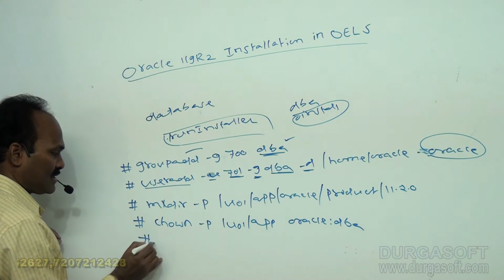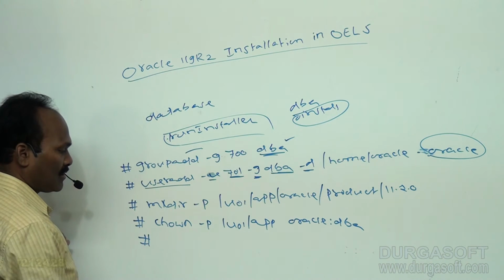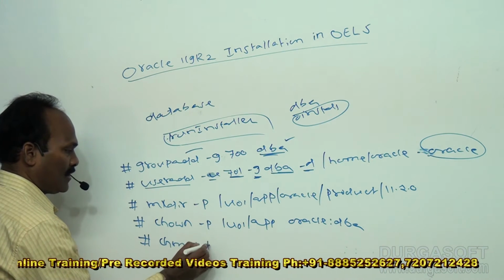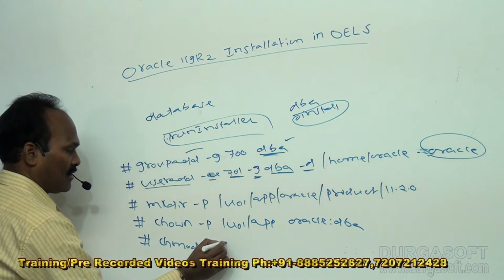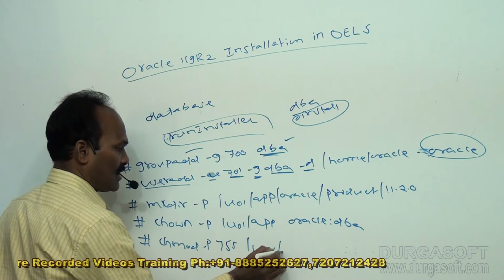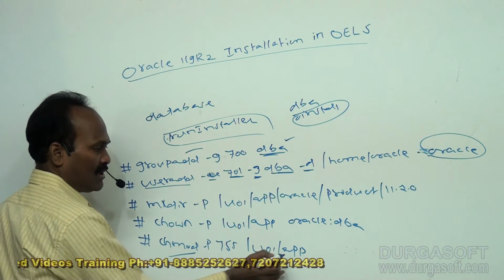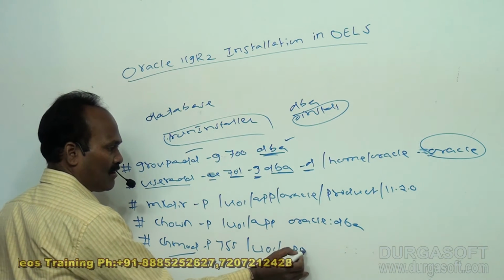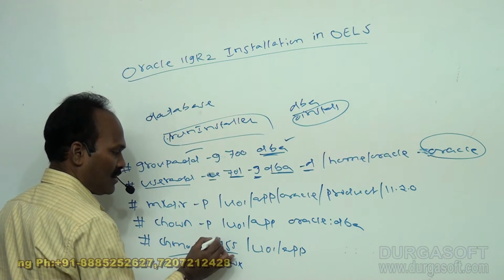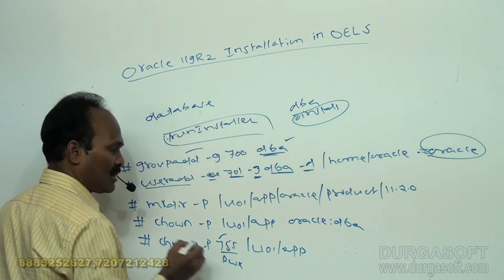And next thing is chmod -R 755 /u01/app. By this chmod command, what happens here? You are making this folder read, write and executable for the user. The 55 means the other permissions we are giving. So execute the chmod command like this.